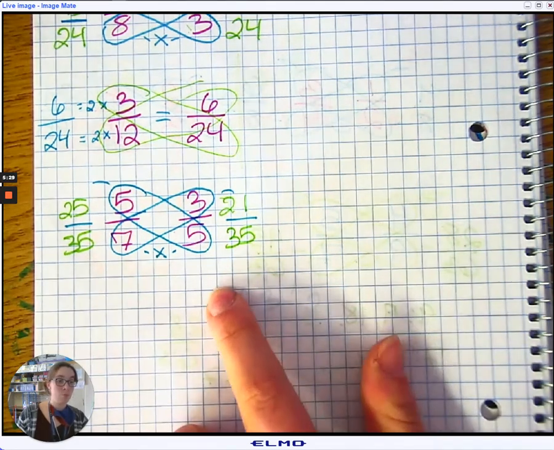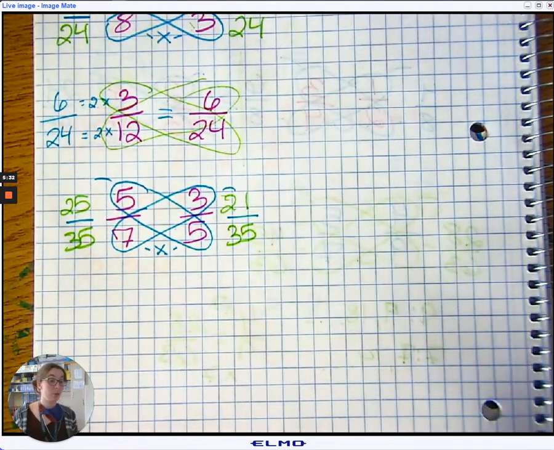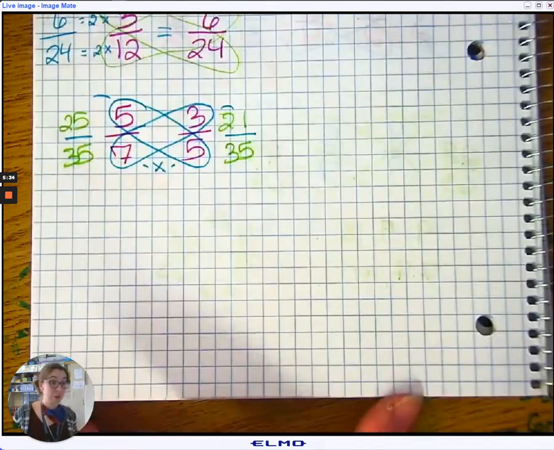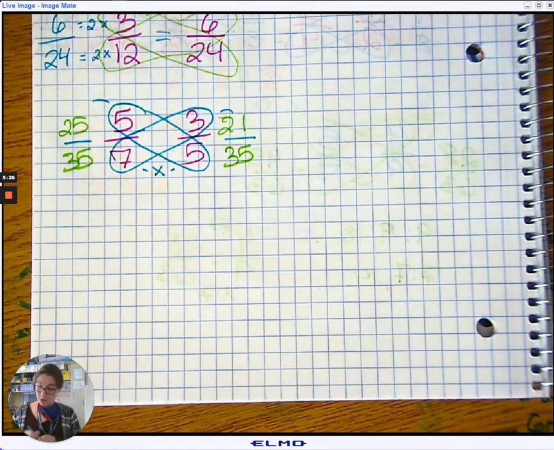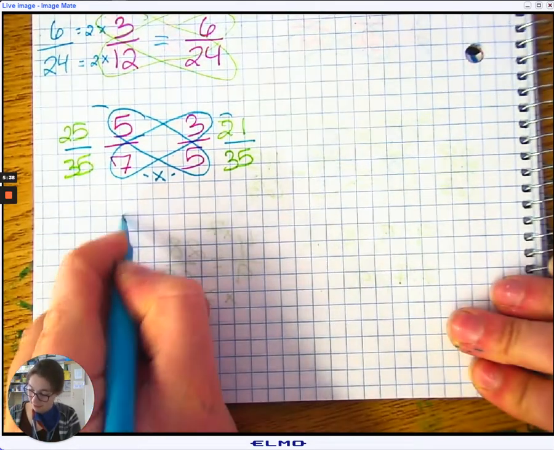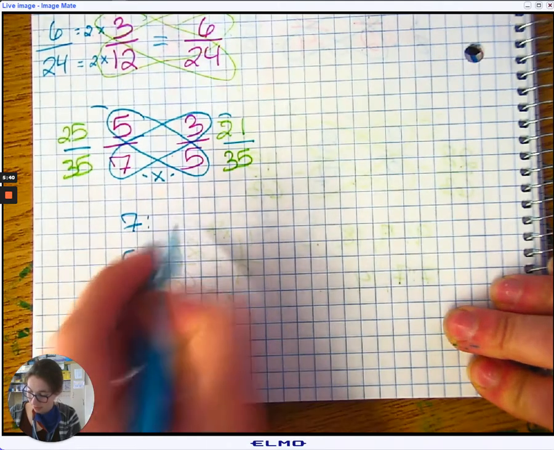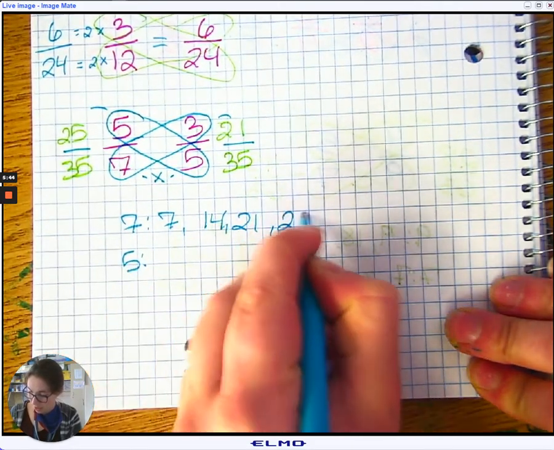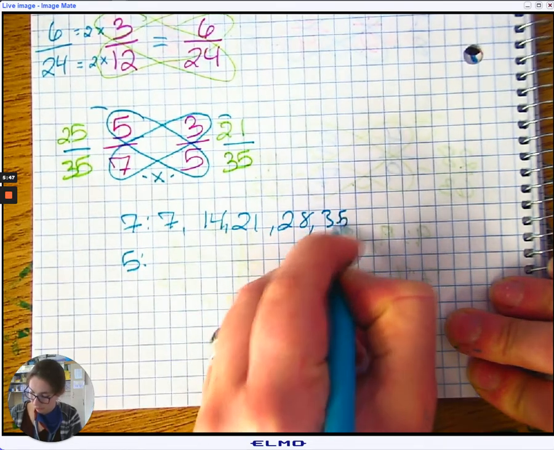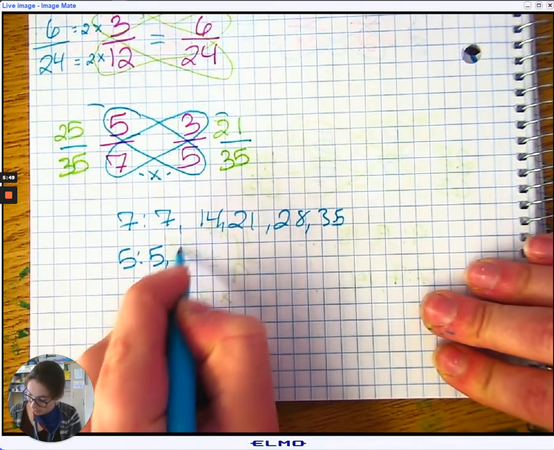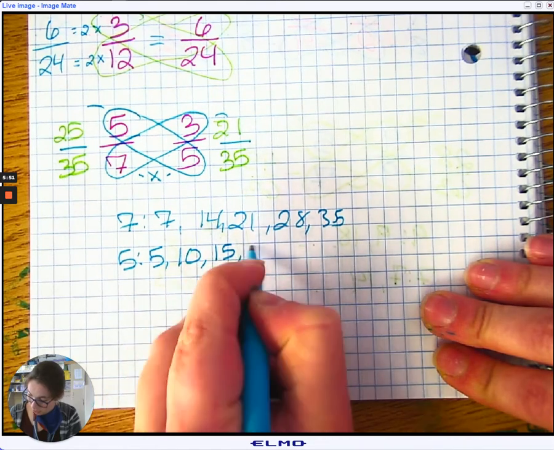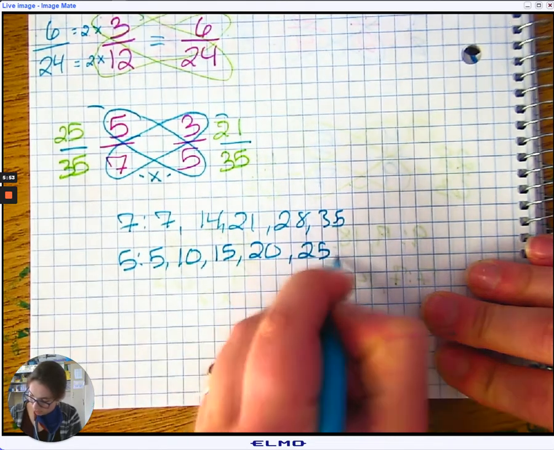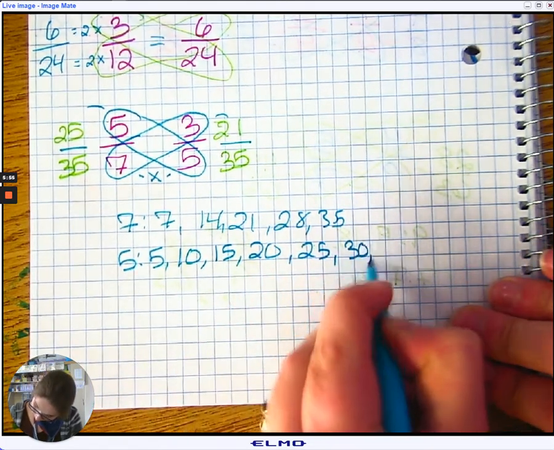If this works for you, then by all means, you're welcome to use it whenever. If you prefer this method, 7, 14, 21, 28, 35; 5, 10, 15, 20, 25, 30, 35.